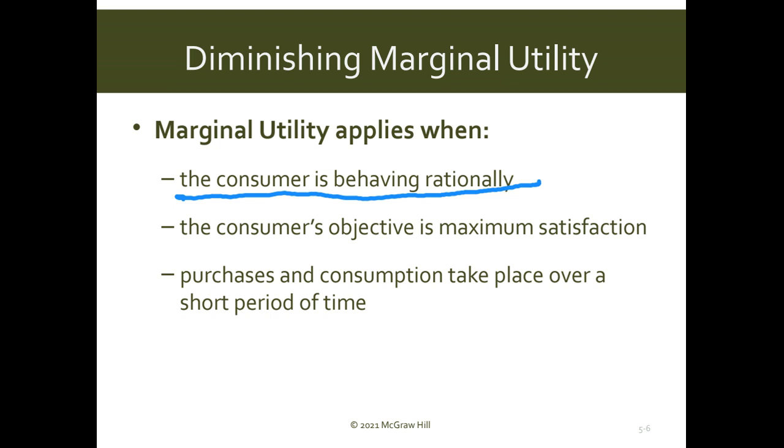Third, purchases and consumption take place over a short period of time. So we are analyzing this in the short run. By short run, I mean that you are consuming the product for a short period of time. For example, suppose if you drink 1 cup of tea, you will receive, let's say, $5 of utility.